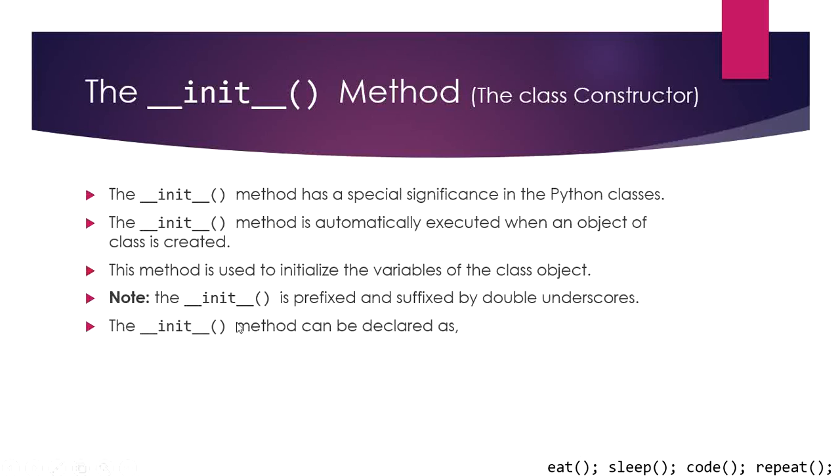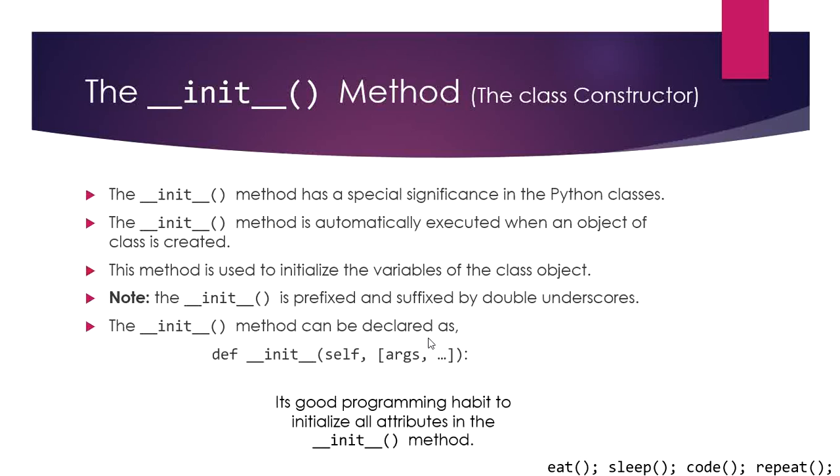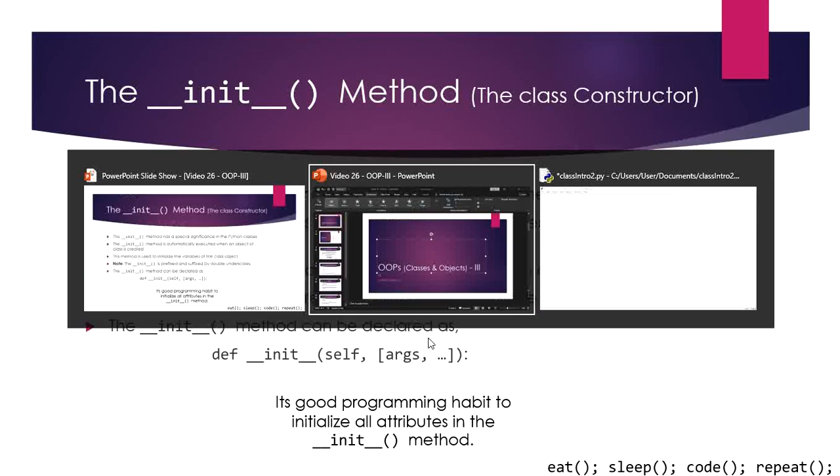The init method can be declared like this. We have def, we have init, we must have a self argument as we know, and then we have a set of arguments. It is a good programming habit to initialize all the attributes in the init method. So let's take an example.